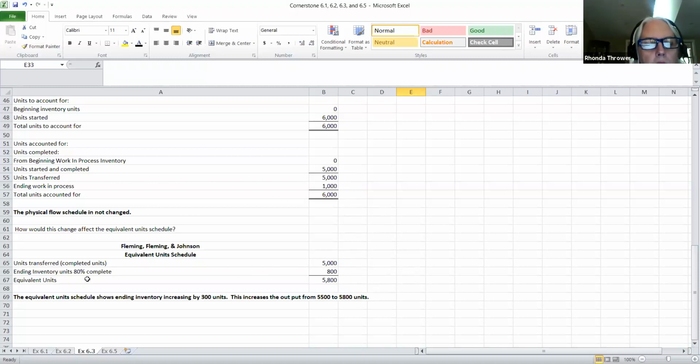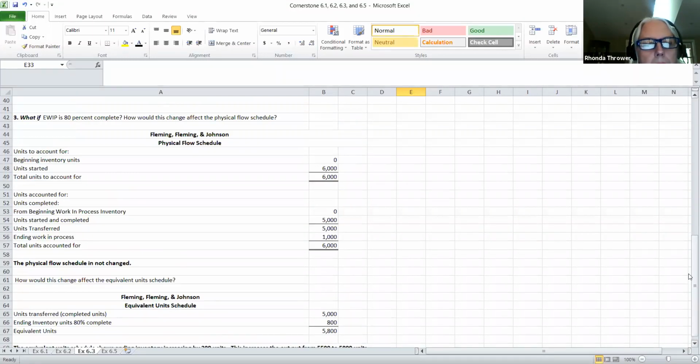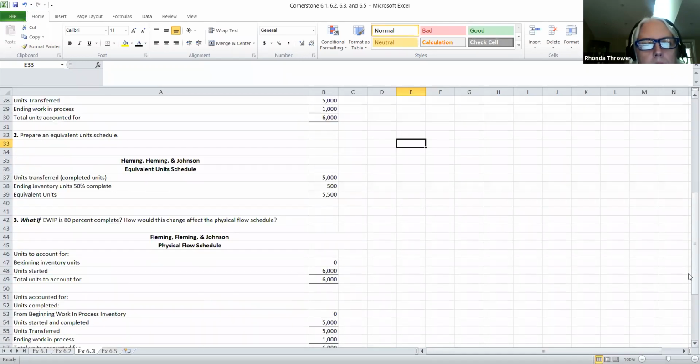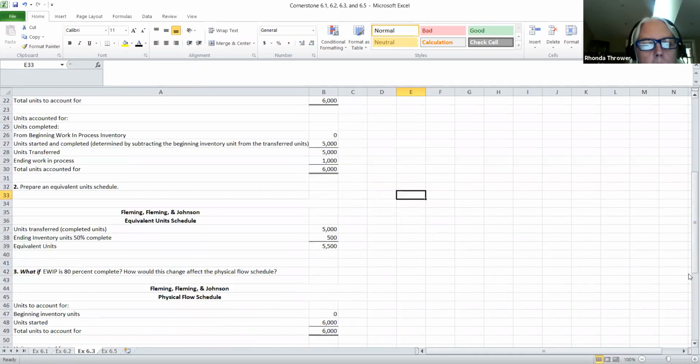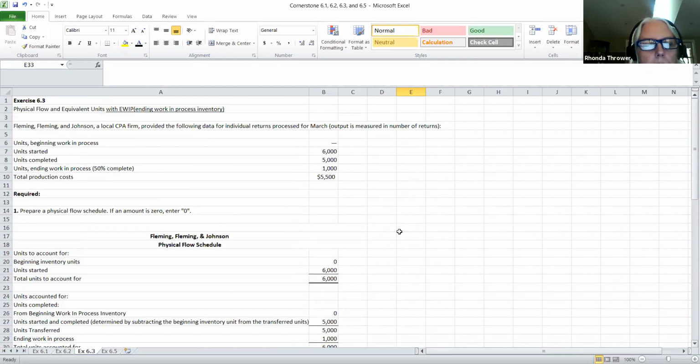The ending inventory units were 80% complete. Oh, I'm sorry, I jumped down. That's a what if. So let me get back up here. This is where we should have been. Our ending inventory units were 50% complete, that they told us here.